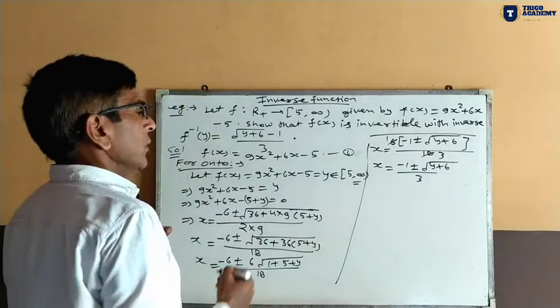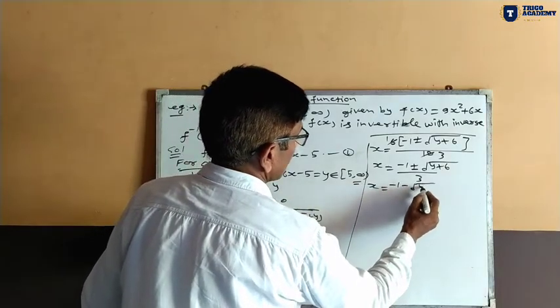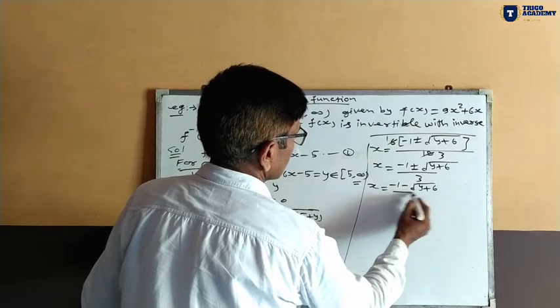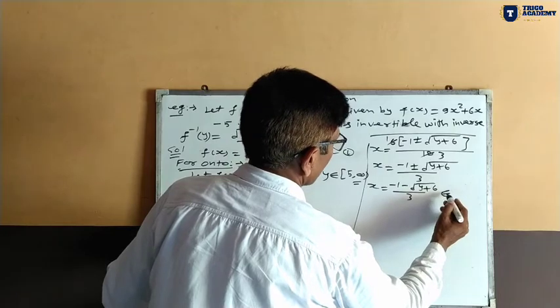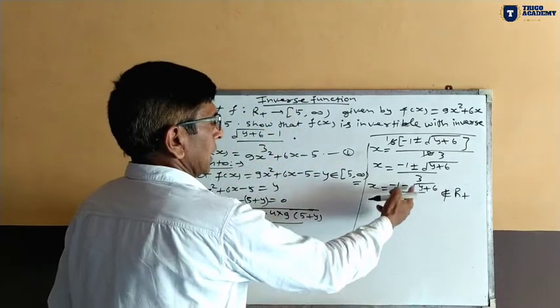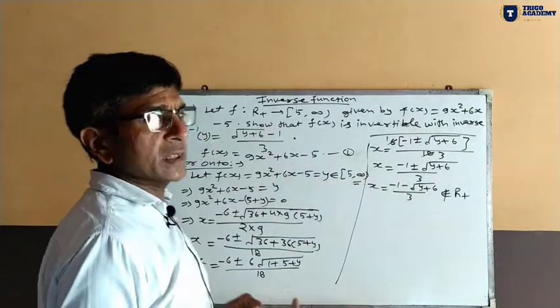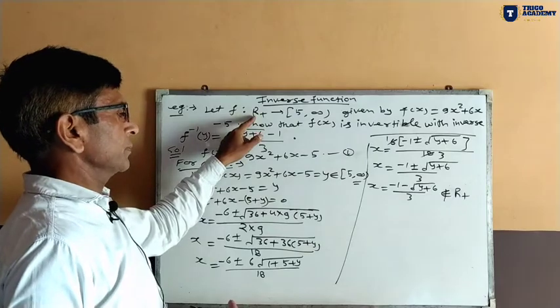There are two values of x. One is minus 1 minus root y plus 6 upon 3, it does not belong to R positive. It means this value of x is negative and x belongs to R positive.